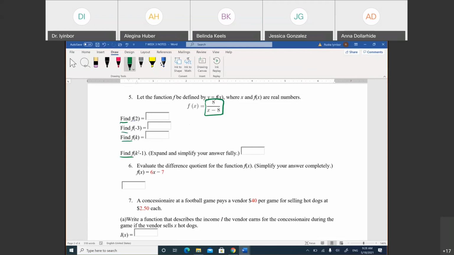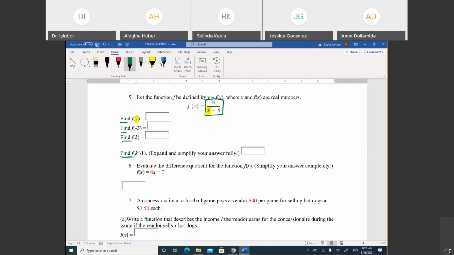So we're going to evaluate all these different values for x. What that means is you're just going to plug it in. The number here is going to replace the x. Then the next number is going to replace the x again. Okay? So that's all you're doing. The next one is also evaluating something. So this is evaluating a function. Plug in the number for x. Make sense?